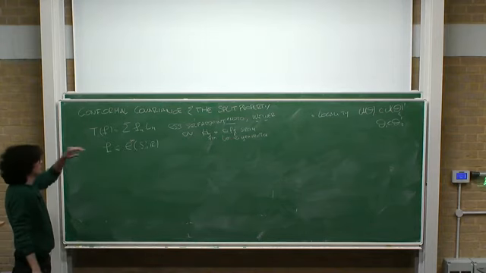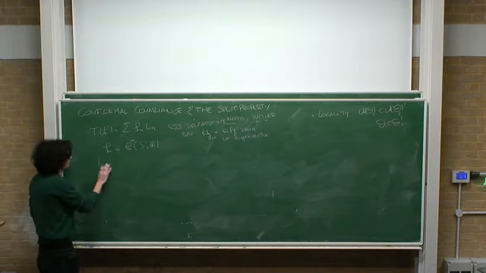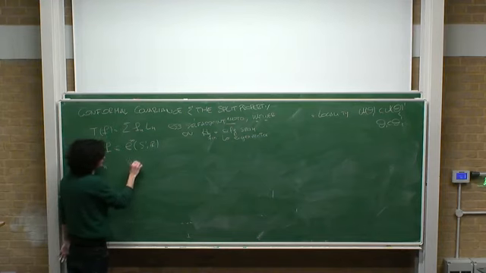And this operator is essentially self-adjoint. And Ln gives a representation of the Virasoro algebra.